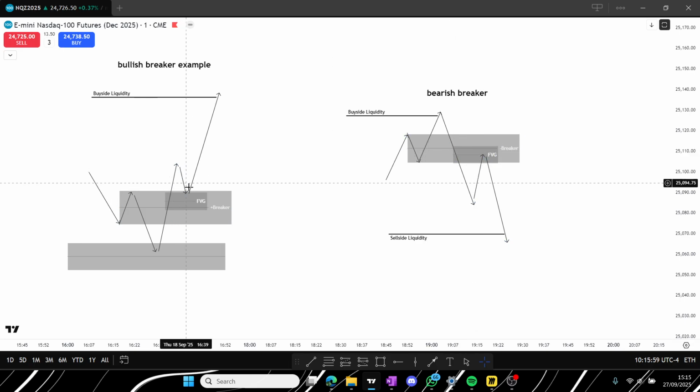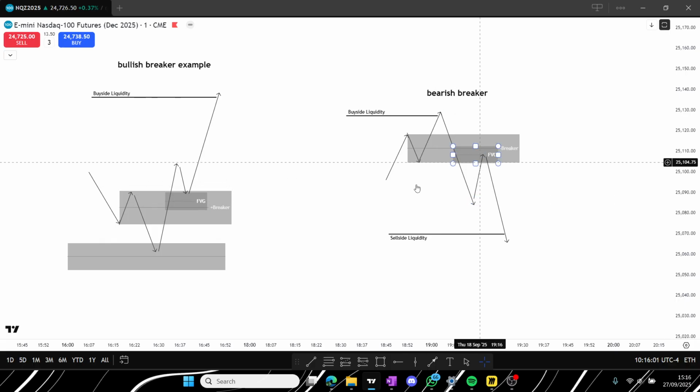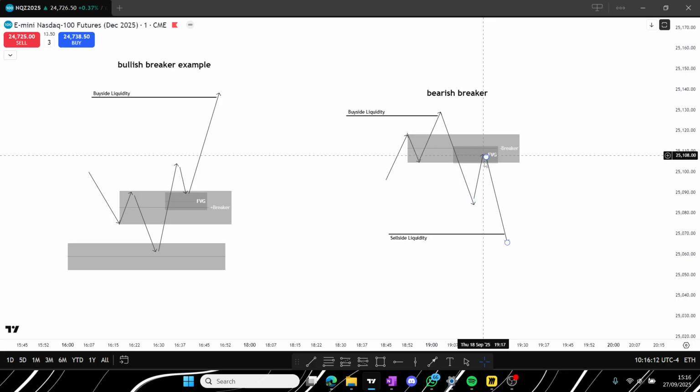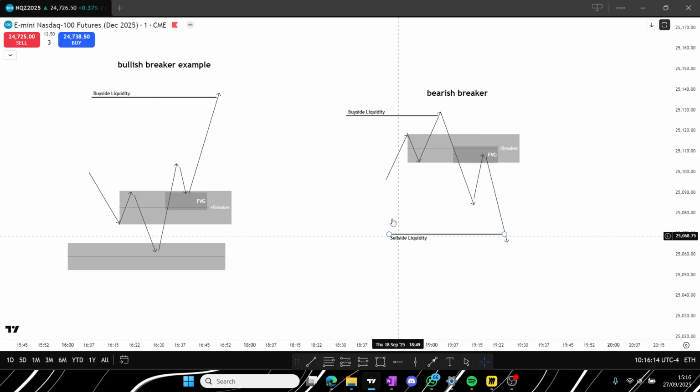You've got a fair value gap in the upper half for a bullish scenario. You've got a fair value gap in the lower half for a bearish scenario. When price comes back into this point, you want to take a short position to your point of interest. So this could be London low, could be Asia low, could be previous day low.